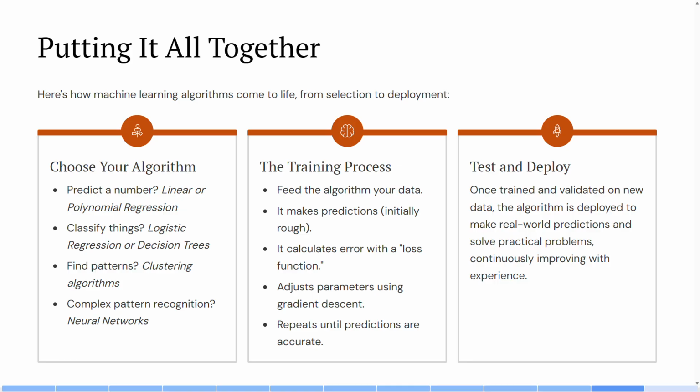You would use these models and feed the algorithms your data. It makes predictions, usually terrible at first, then it calculates how wrong it is using a loss function, and then it uses gradient descent to adjust its parameters. And this is repeated thousands of times until the predictions are accurate, or if I had to say it statistically, you have more confidence in the algorithm.